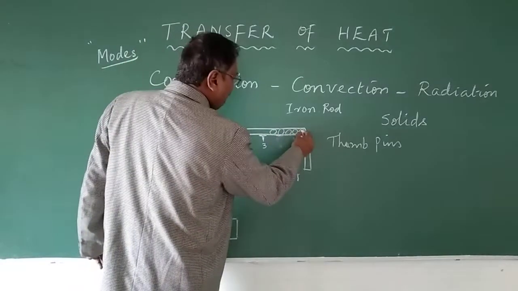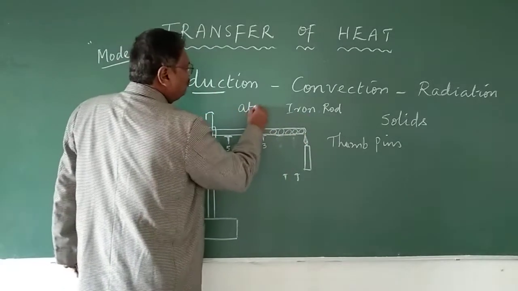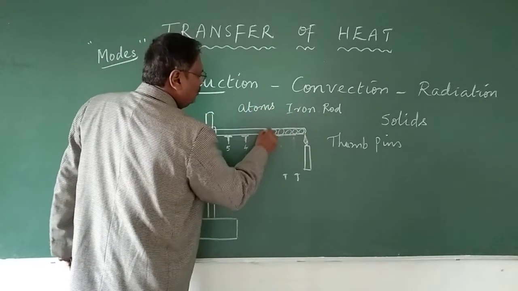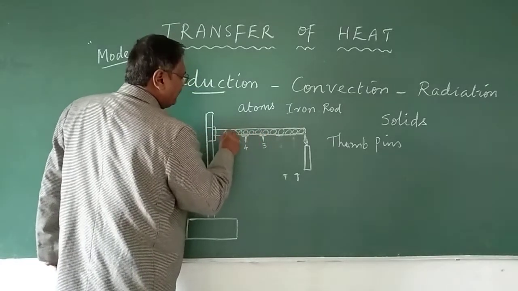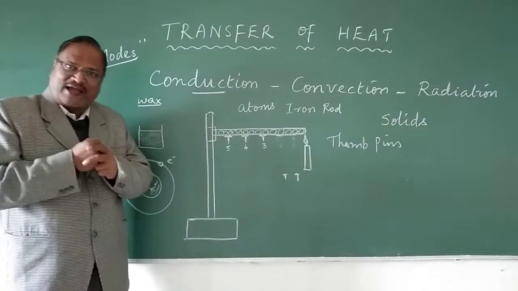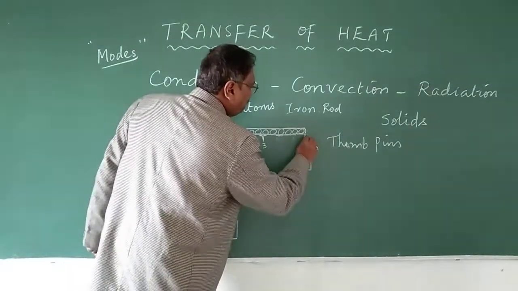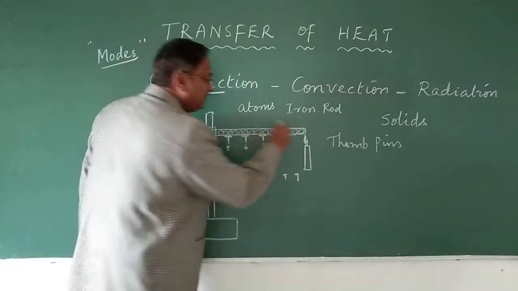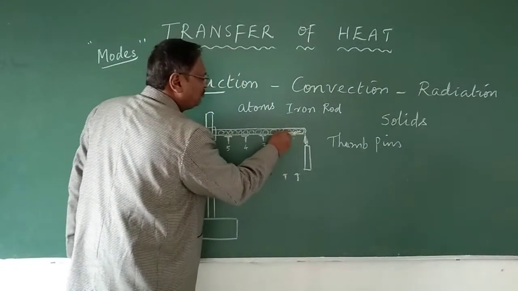Now this iron rod is made up of atoms of iron, so let me draw the atoms. In solids, the atoms or molecules are tightly packed. So what is going to happen when you supply heat here? The heat energy will transfer from this atom to this atom to this atom.